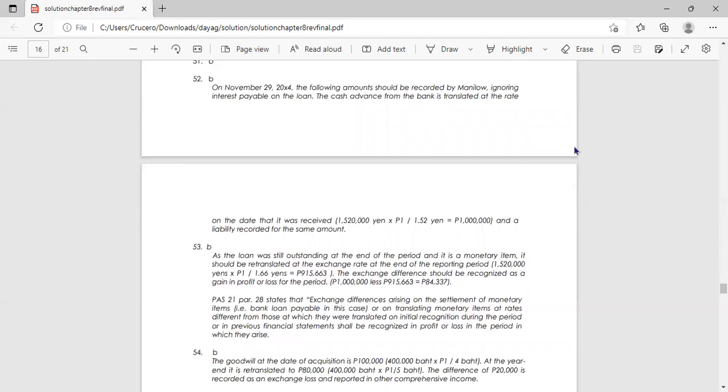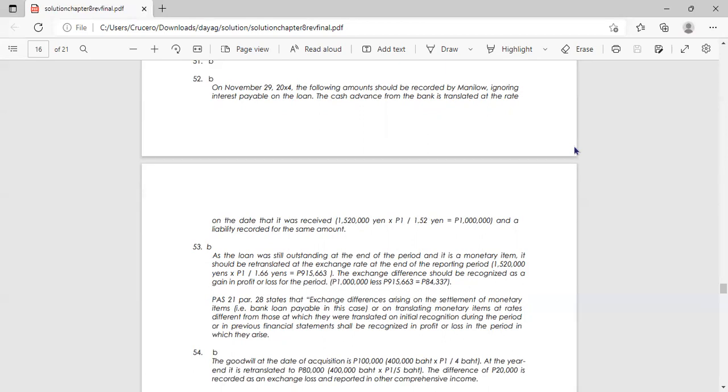Manilo has a year end on December 31, 2024, and uses the peso as its functional currency. On November 29, 2024, Manilo received a loan from a foreign bank for 1,520,000 foreign currency. The proceeds were used to finance, in part, the purchase of a new office block.